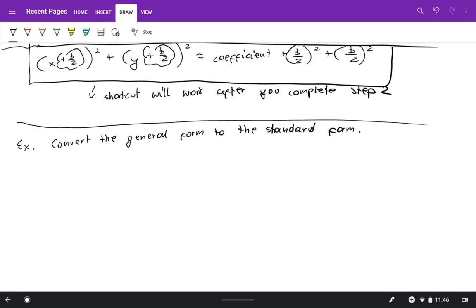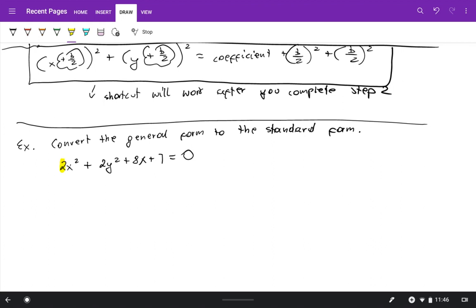And this is what is given. We have 2x squared plus 2y squared plus 8x plus 7 equals 0.